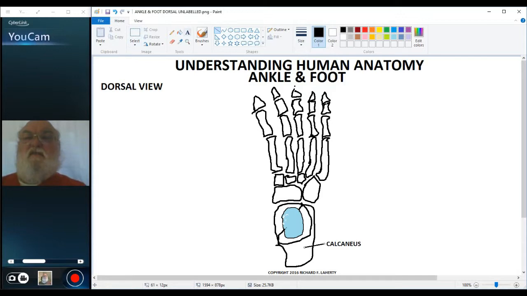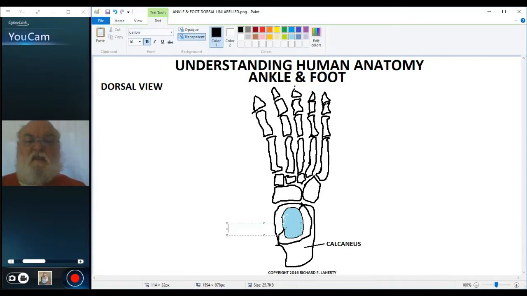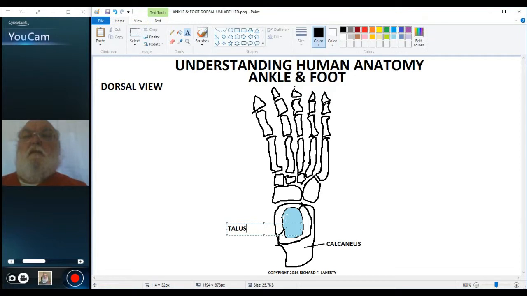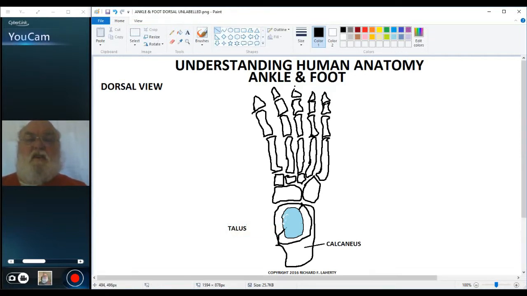The talus, and remember that the talus articulates with the tibia.